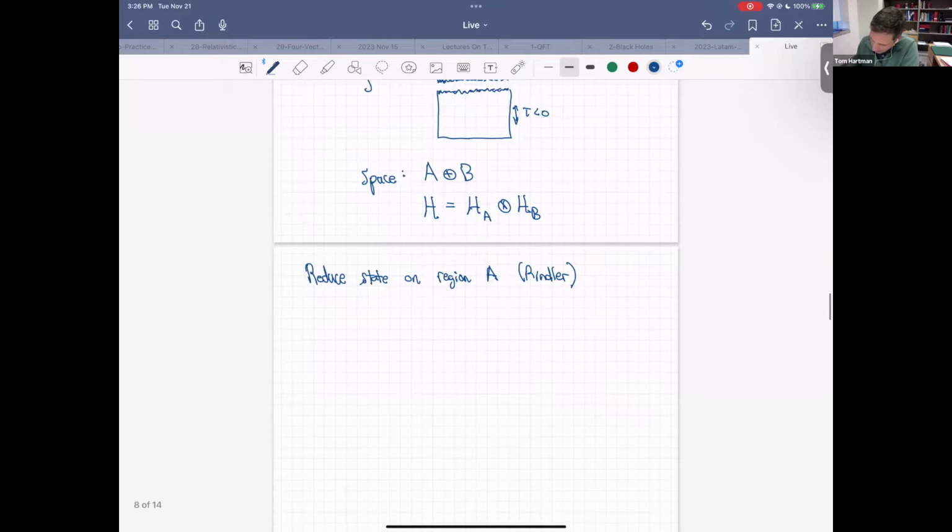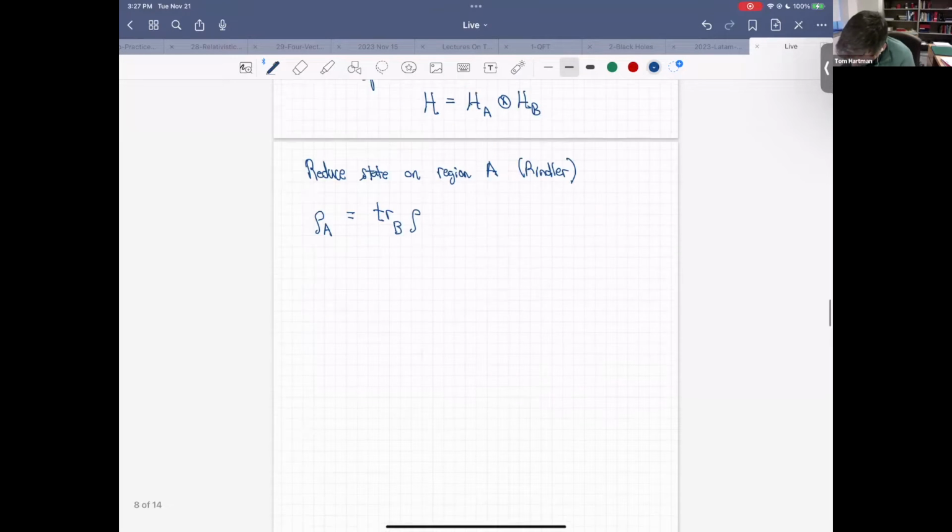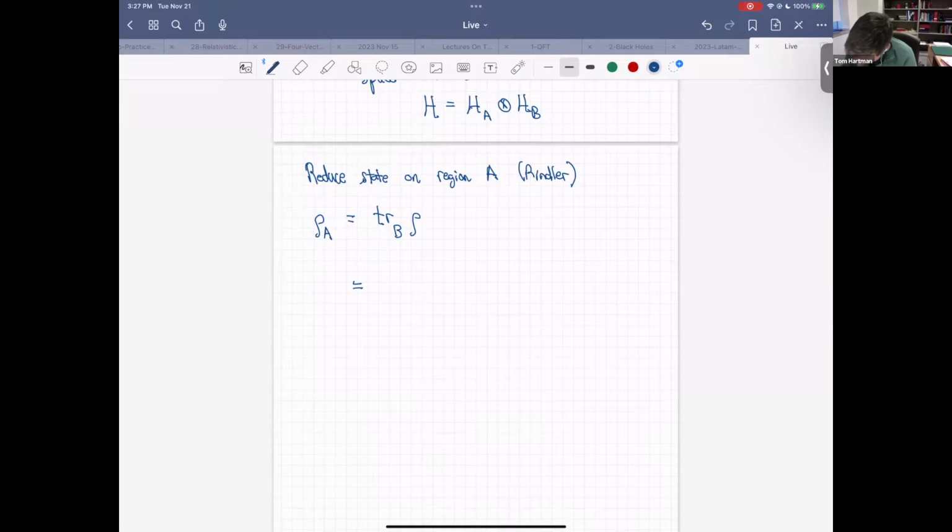So the reduced state on region A means we define a state rho sub A, which is the trace over everything on region B of the original state rho. So let's write that as a path integral. We want to do a trace over B, and then rho was two copies of the vacuum state, which I'll draw this way. And here we have B on the left and A on the right.